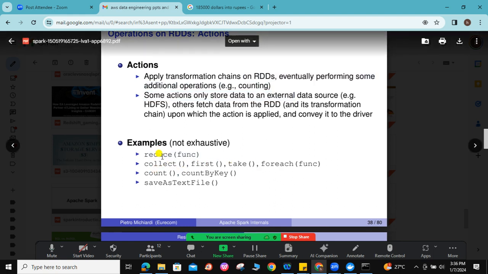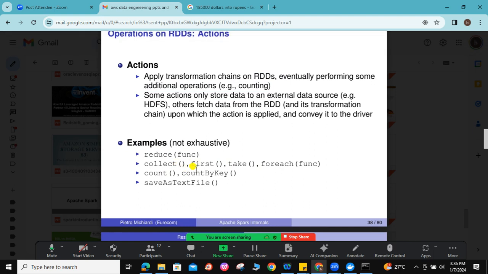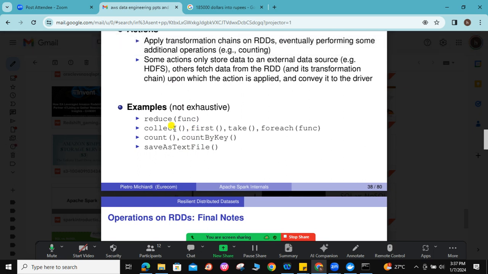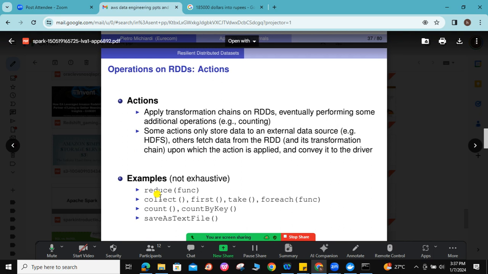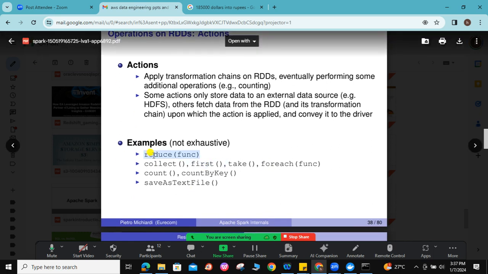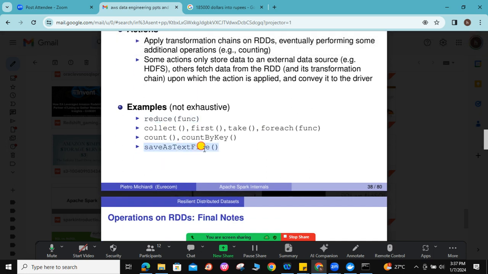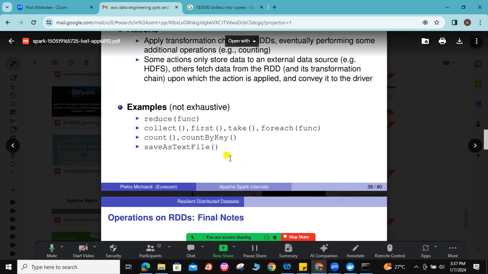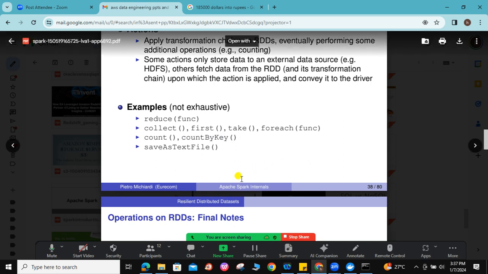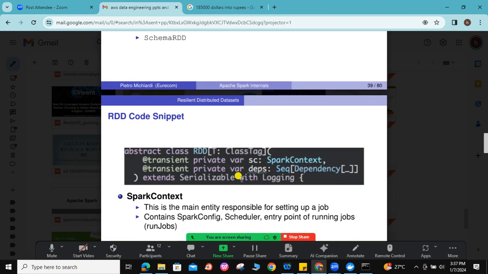All these actions are just to give you an output, to display the output, and also the calculation will happen. Usually even in the organization I have used mostly show and collect. Not much difference. First means first element you will get. Reduce means it is used for summing. Save as text file means you will save the output into the file. Count by key means it counts based on the key. You will have a dictionary value, key and value. For 1, how many numbers are there? For 2, how many numbers are there? Okay, so those things.